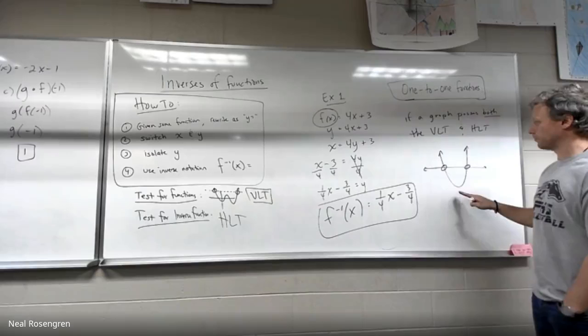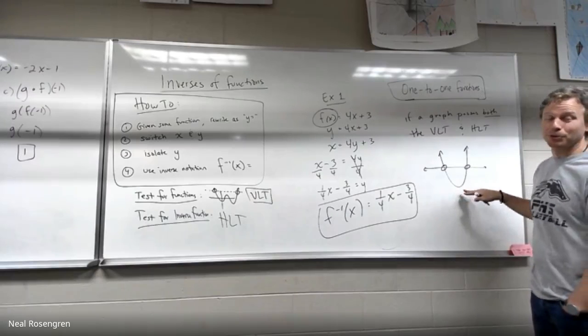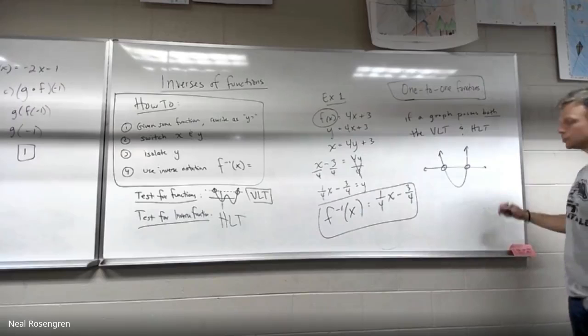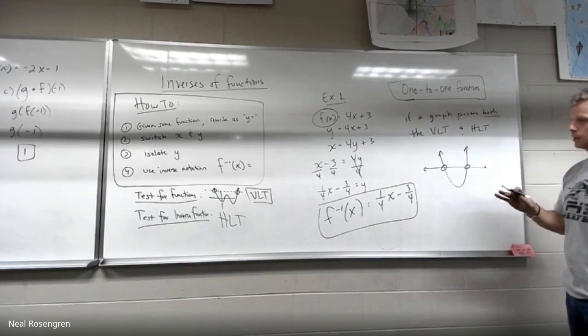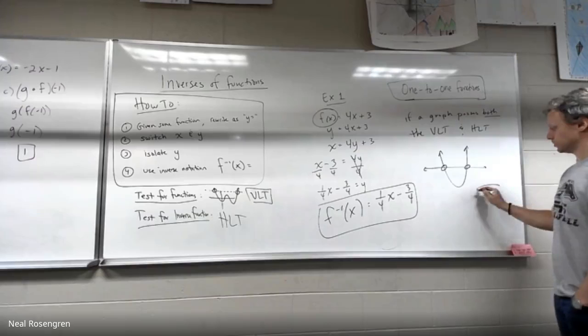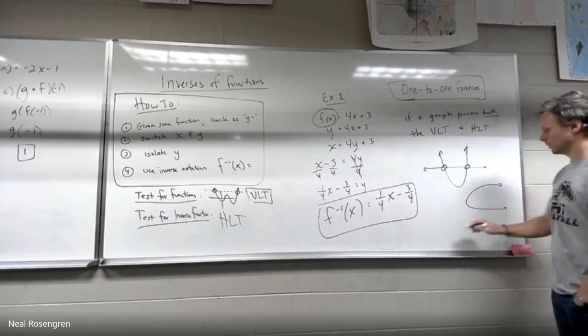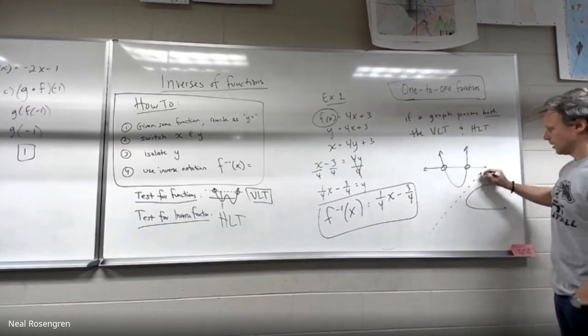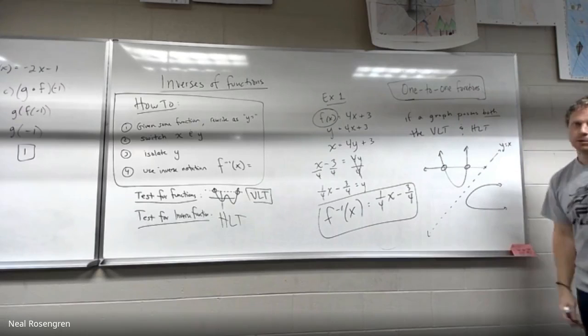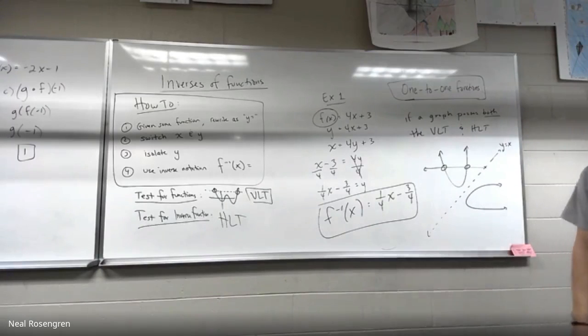So the graph of this parabola obviously is a function, but the graph of its inverse is not. Because when you switch x and y, the graph of a function and the graph of its inverse are reflected over the line y equals x. Right?